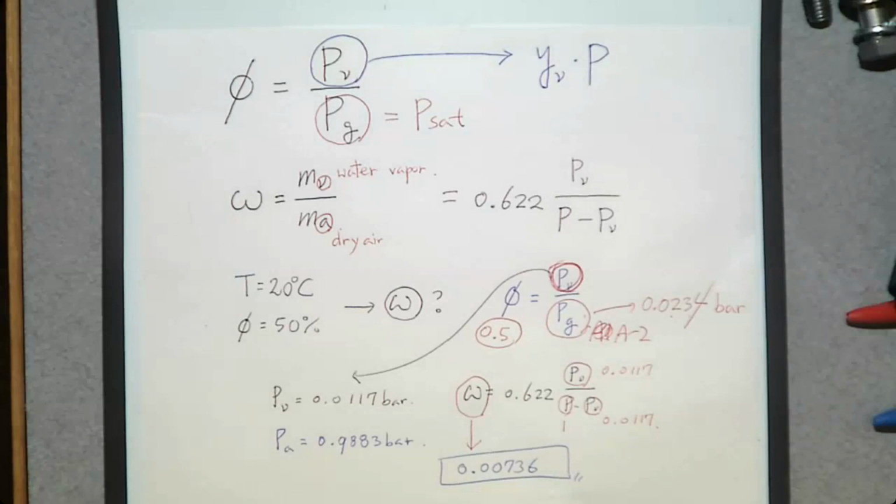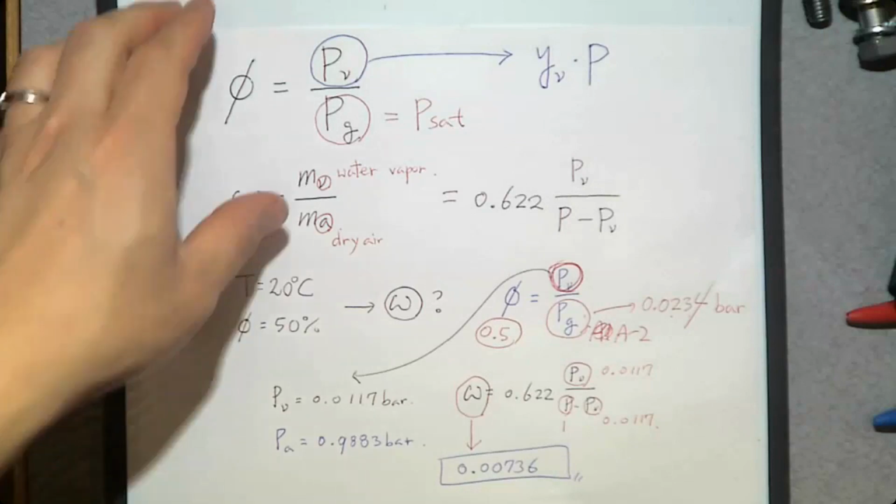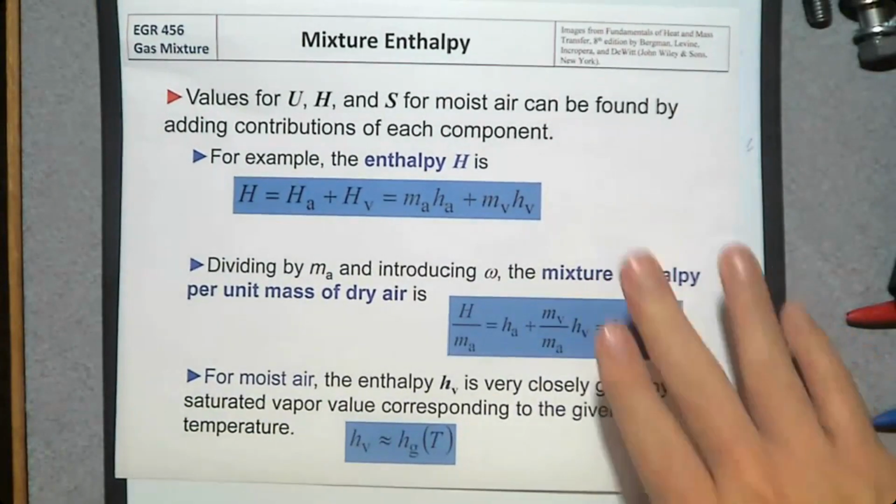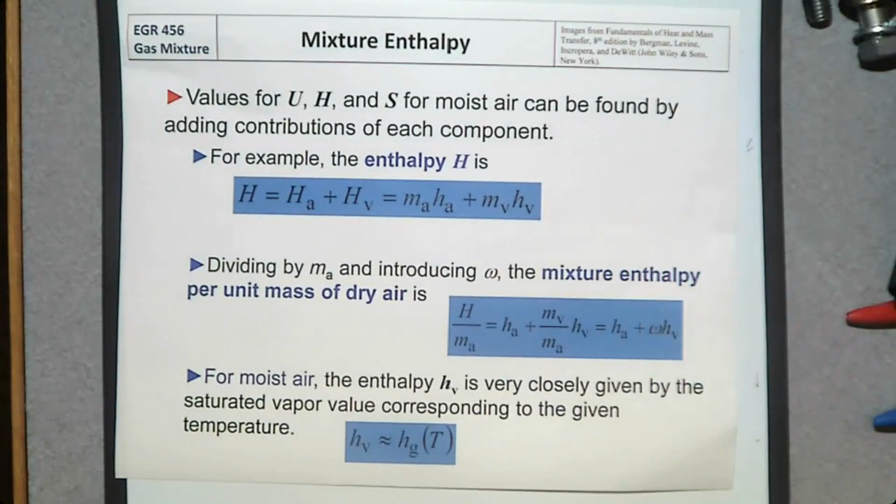So that's everything about how we quantify the ratio between dry air and water vapor. Now let's talk about how we can determine the mixture properties. One of the most widely used thermodynamic properties is enthalpy, or internal energy, or entropy.